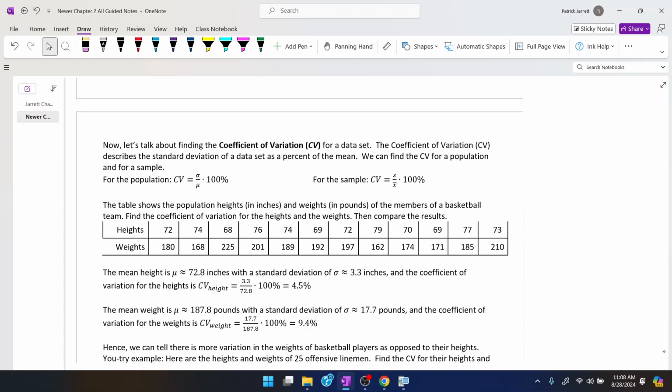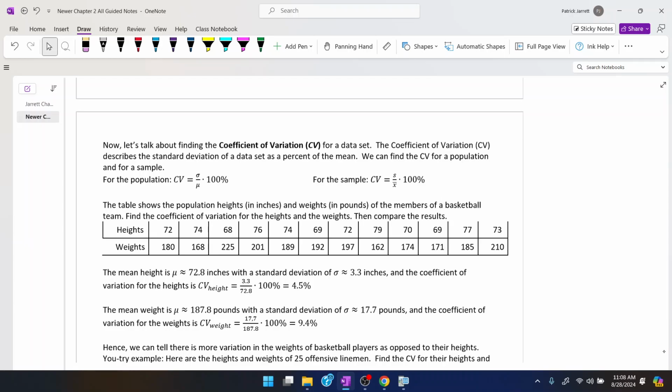Now, in this set of data, for heights of basketball players, the mean height is 72.8 inches with a standard deviation of 3.3. So literally you take 3.3 and divide it by 72.8. Multiply it by 100% to get the percentage that you need. And again, you will use the calculator.